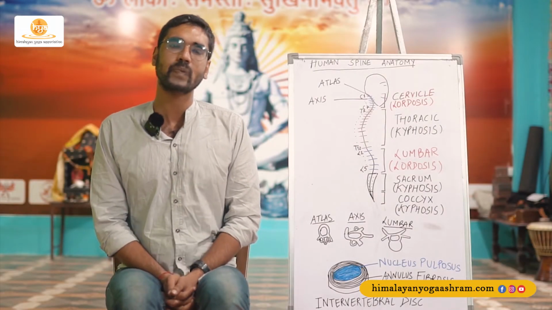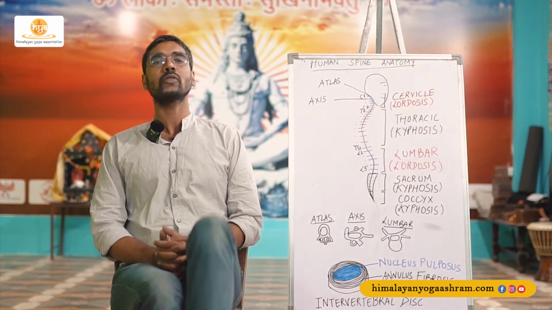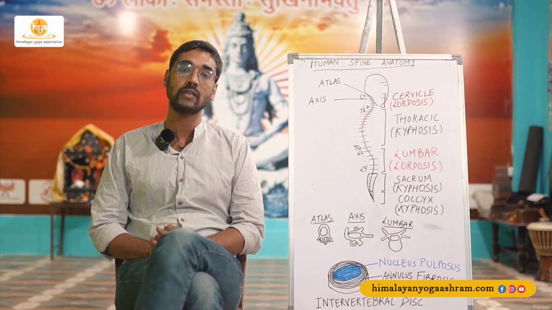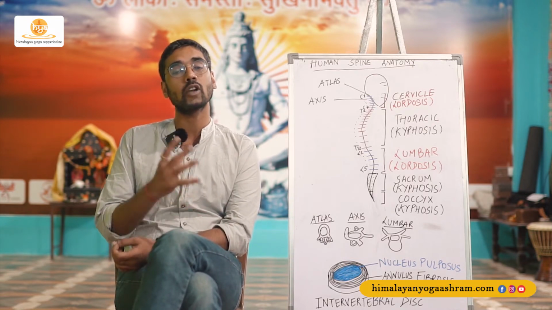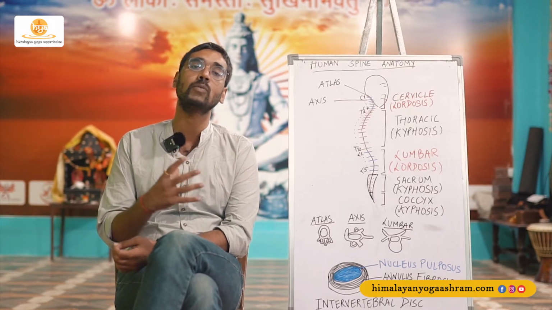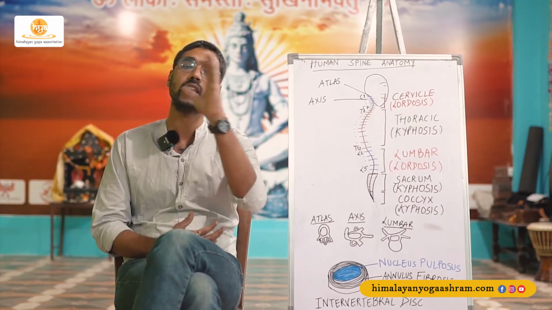Welcome back. So today we are going to figure out the anatomy and the structure of the human spine. The human spine is a very interesting structure. It is made up of a lot of irregular bones coming together to form the entire structure of the spine.